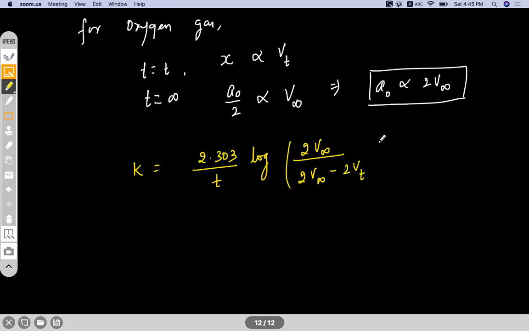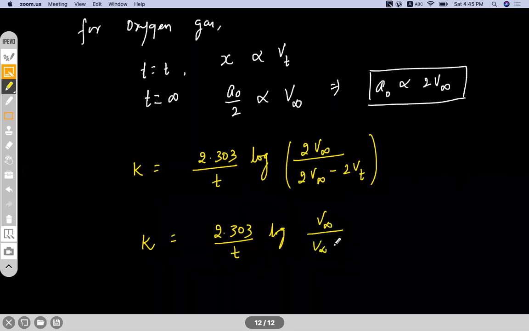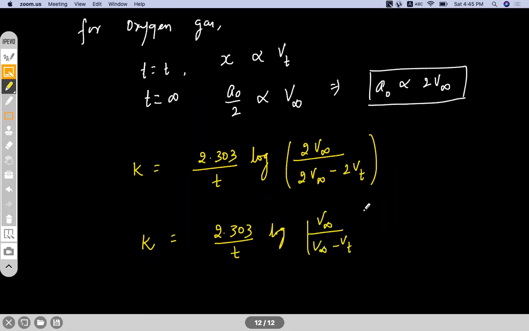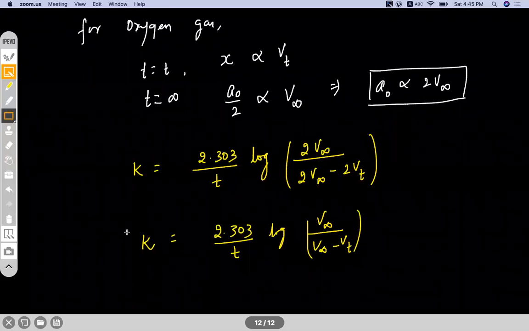Correct? So when you solve this, you see the 2 and 2 get cancelled. So the expression of K is 2.303 by t log of V infinity by V infinity minus Vt. This expression you get in terms of volume.